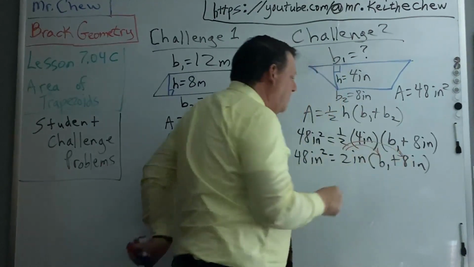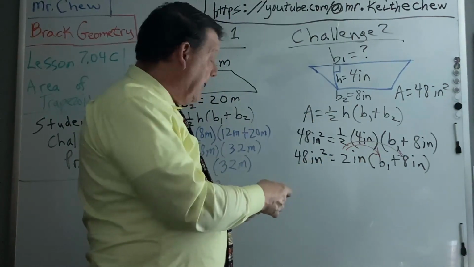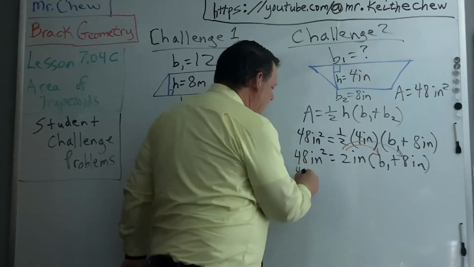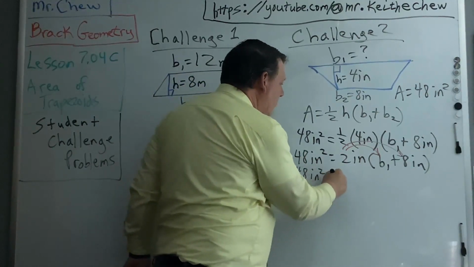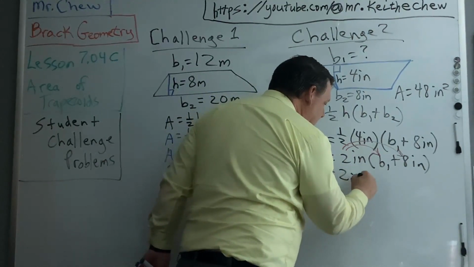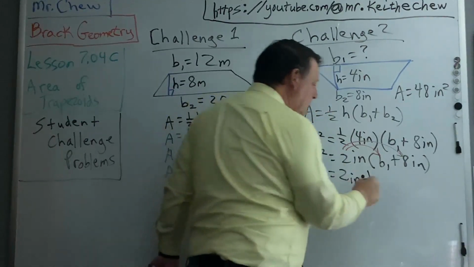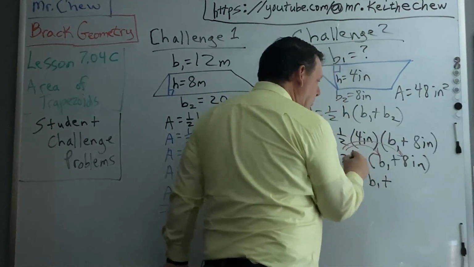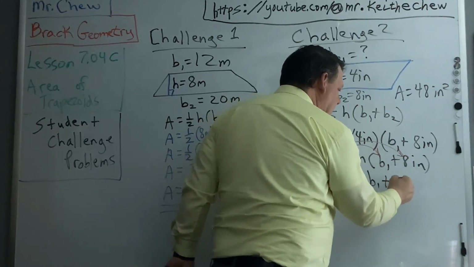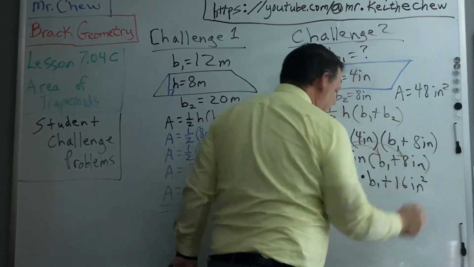So I distribute that 2 inches in multiplication across the B1 plus the 8 inches. So I have 48 inches squared equals 2 inches times B1, plus 2 inches times 8 is 16, and inch times inch is inches squared.